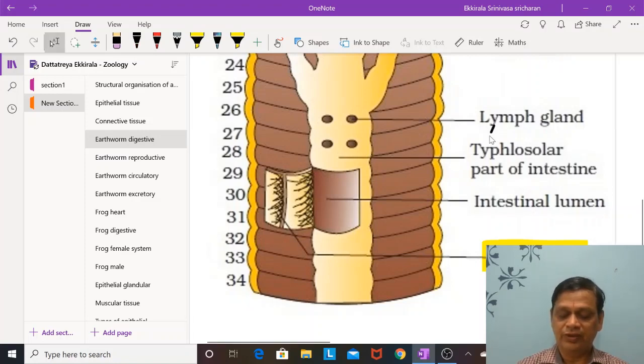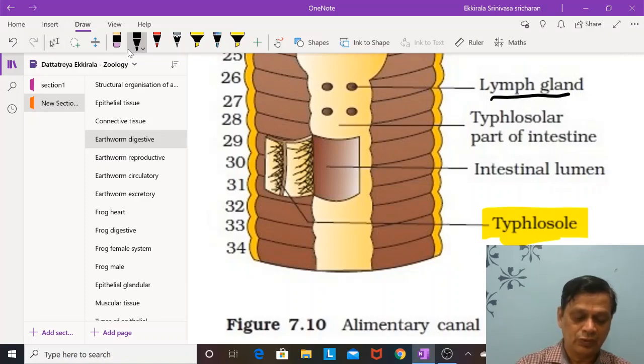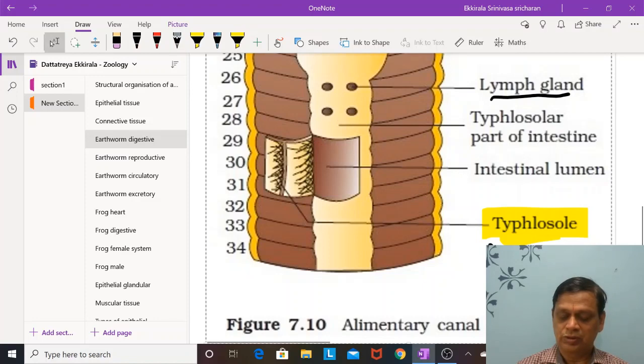Here lymph glands are present from 26th onwards, but typhlozoal exactly is from segment 26 to the last, excluding the last 23 or 25 segments.